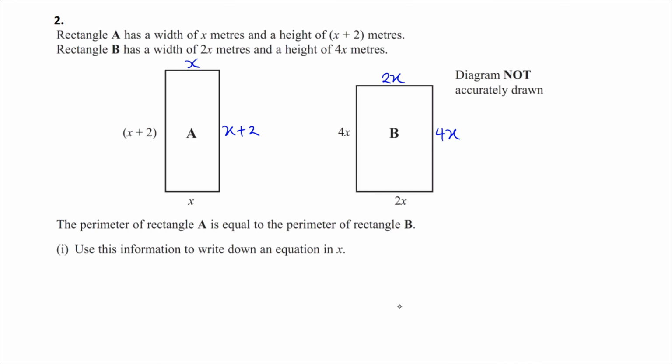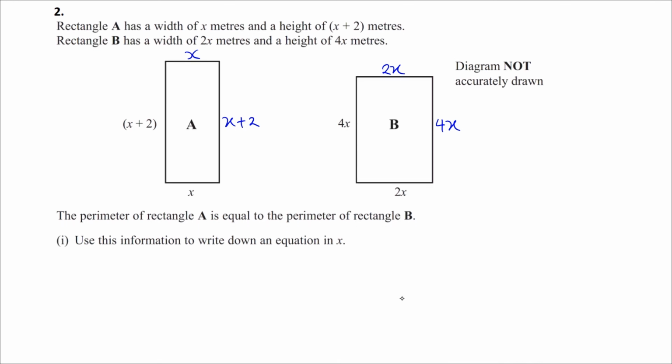Now, let's first of all start by working out the perimeter of A. And the perimeter is the distance around the shape. So perimeter of A will be equal to x plus 2 plus x plus x plus 2 plus x, and this will be equal to 4x plus 4.